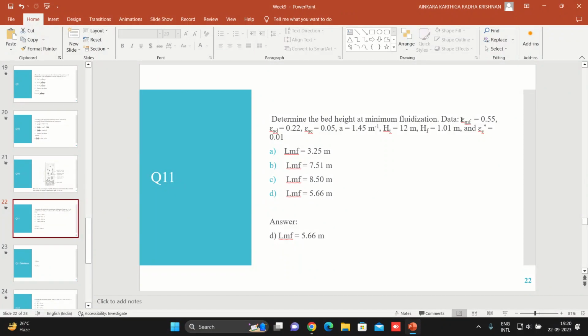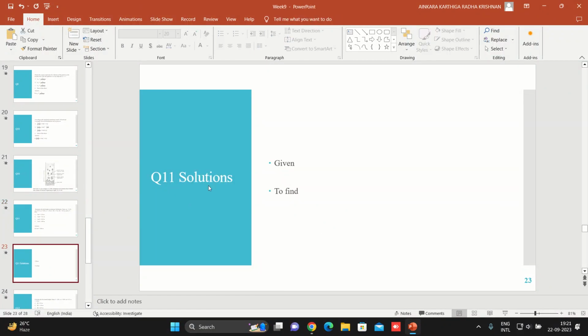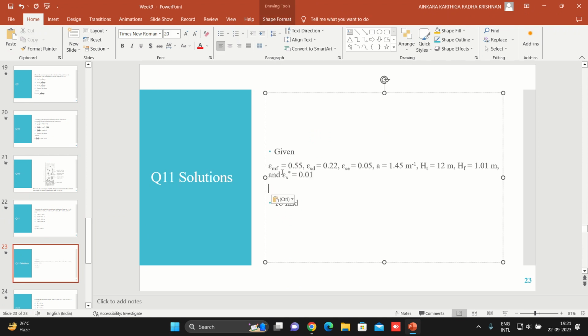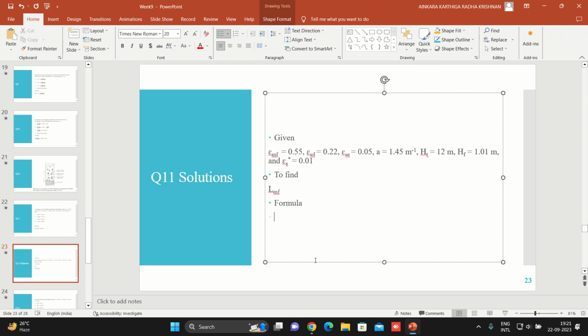First, we'll write all the given data. We need to find the height of the fluidized bed at minimum fluidization condition, which is given by the formula.